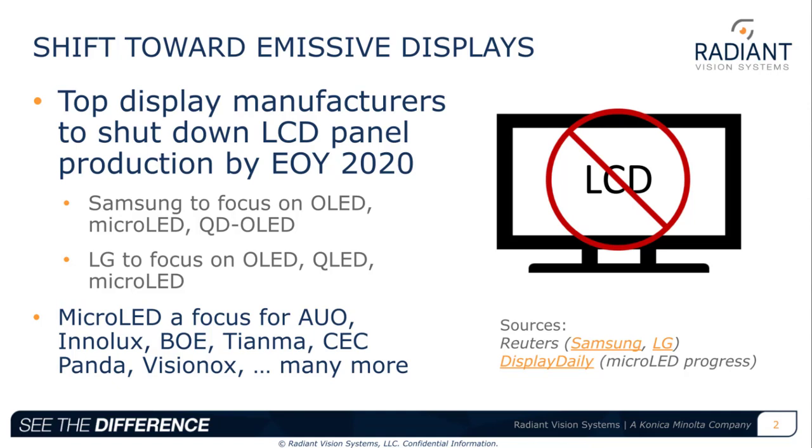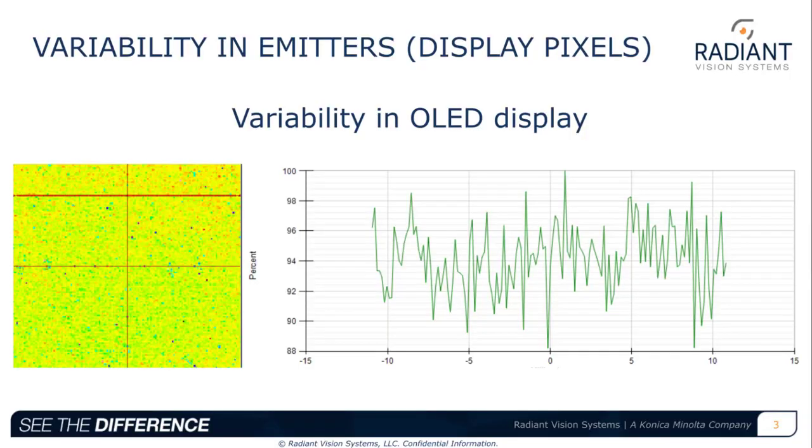These new emissive technologies have advantages such as lower power consumption, but they also have some disadvantages in terms of the capability of producing these with high yields. One of the challenges of the emissive displays is that each pixel is an individual emitter.